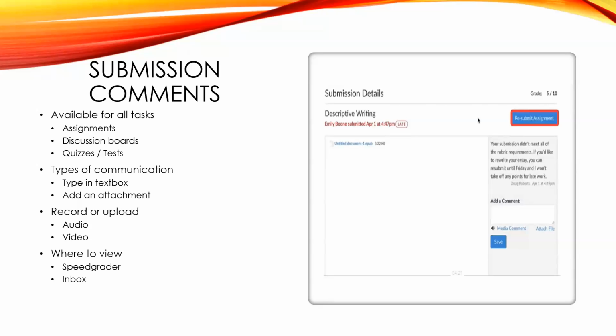And I actually find this very useful because sometimes when I'm writing a comment, if it's going to be too long, if I don't feel like I'm going to explain it as well in a typed message, sometimes I will just do a quick audio message to the student, letting them know my feedback and offering for them to discuss it further with me.